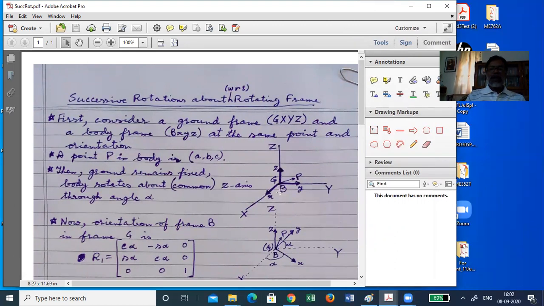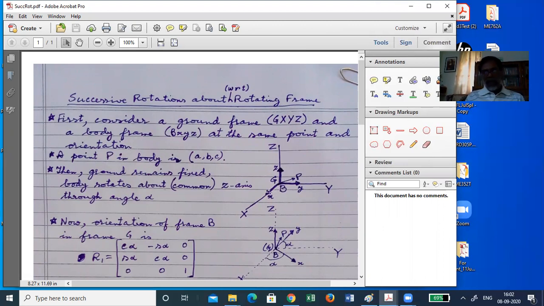So in this fixed capital frame, we have put a body which has a small letter frame x, y, z. Initially in the same orientation, both origins coincident. And also consider a point P in the body. This P has coordinates a, b, c. Right now, in both the frames, its coordinates are the same because the two frames are coincident.